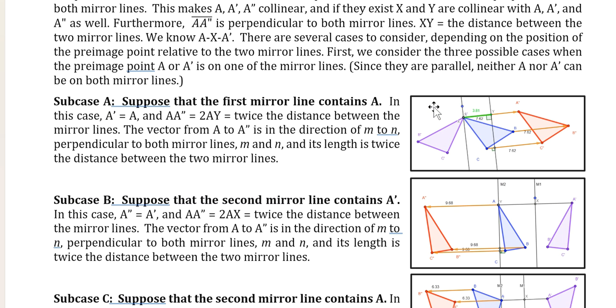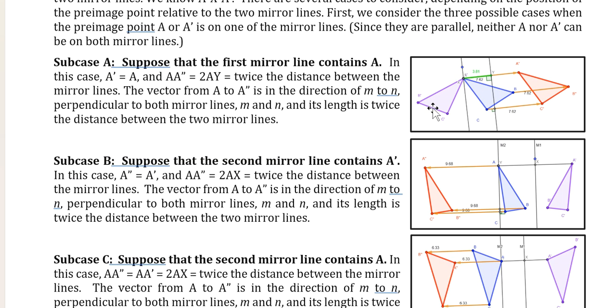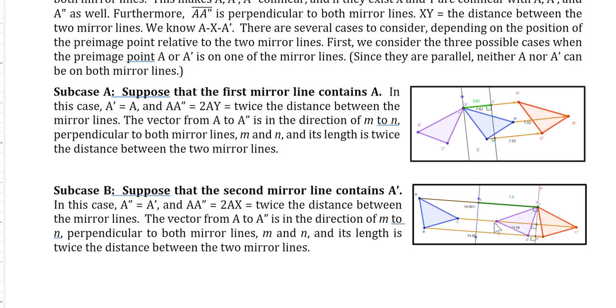What about the second mirror line containing A prime? I've got these, I think, backwards. Suppose the second mirror line contains A prime. Okay, here's the appropriate picture for this.